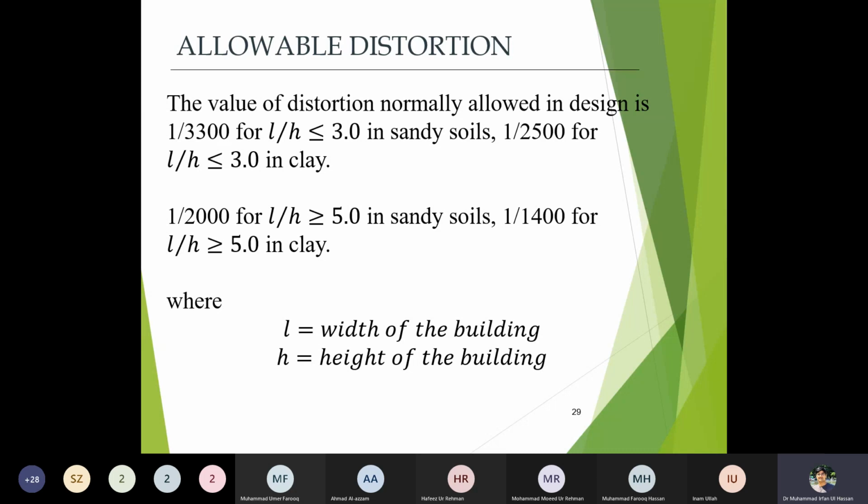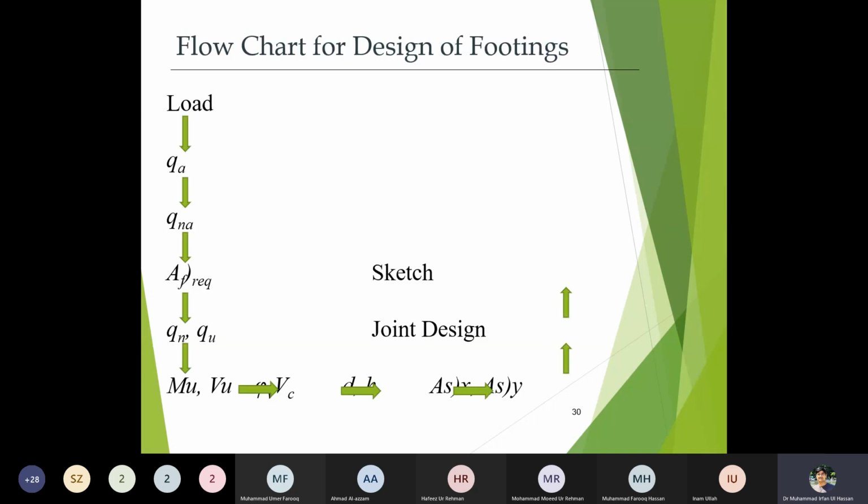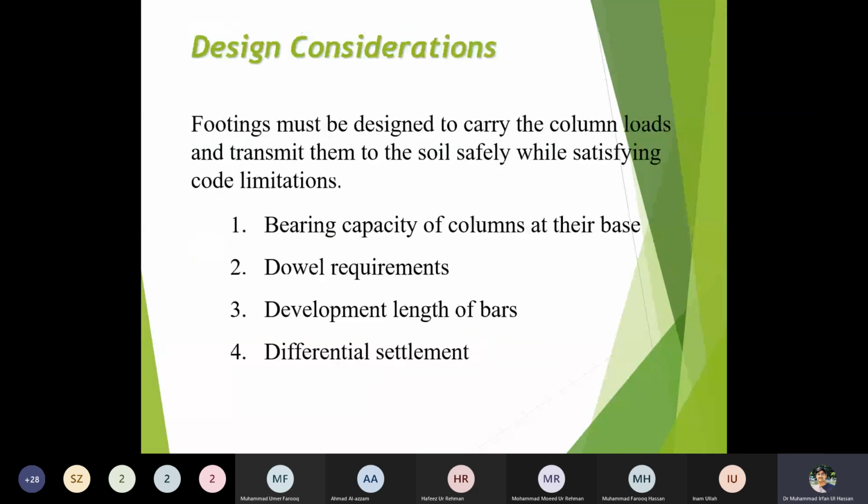But if L over H is larger than 5 for a taller building, the distortion allowed is lesser. It is 1 over 2000 for L over H larger than 5 in sand, and 1 over 1400 for L over H larger than 5 in clay. So this is basically the distortion, and this was about the basics of that.